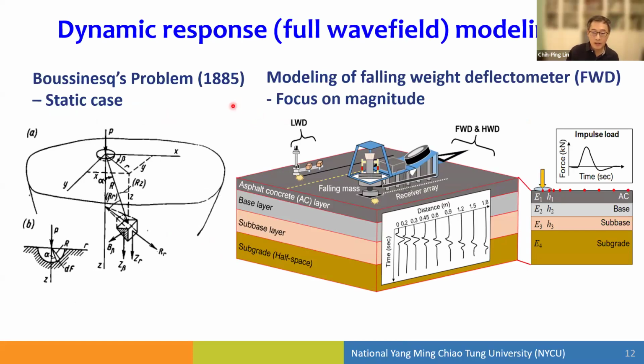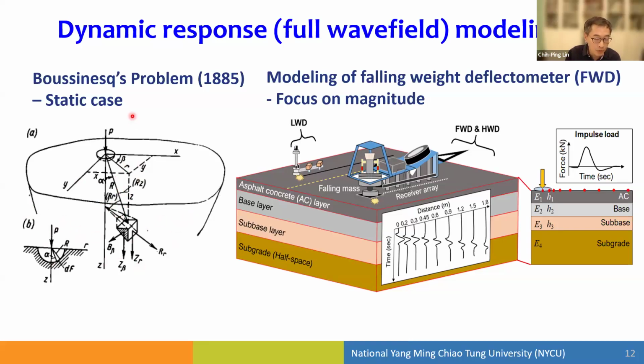This is not really anything new. Geotechnical students all study the Boussinesq solution in soil mechanics. This is a homogeneous half space, but you could have a layered half space.